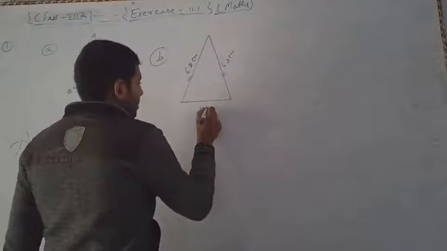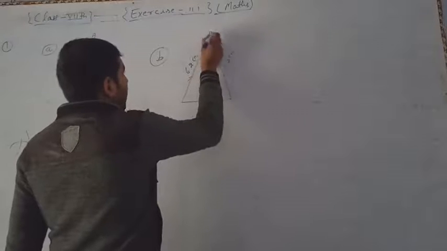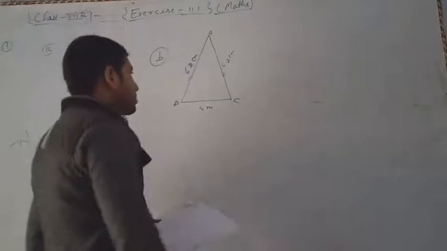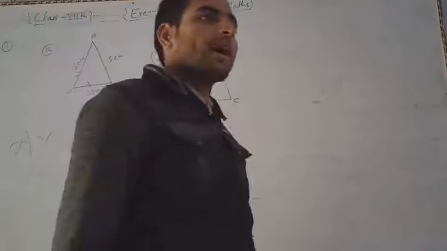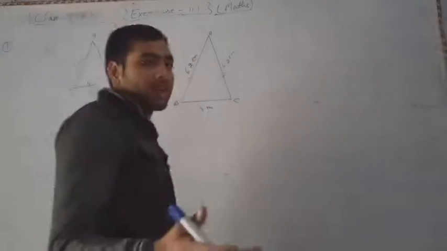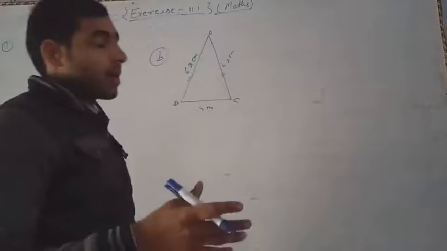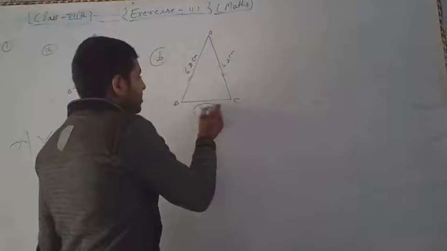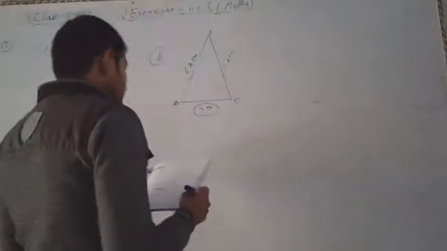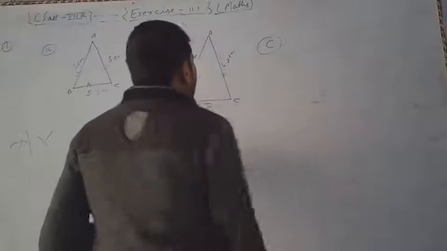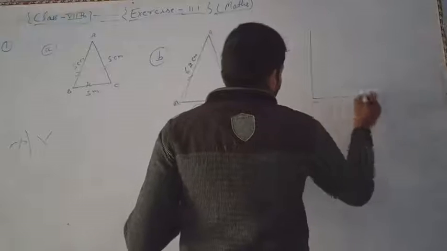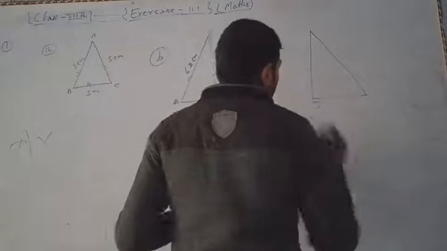This is given as 5 centimeters, and here A, B and this is C. So this type of triangle is known as an isosceles triangle, because by definition, in an isosceles triangle two of the sides are equal and one side is different from these two sides.